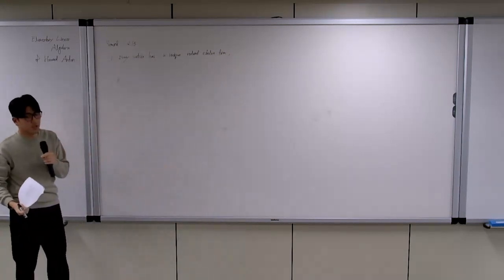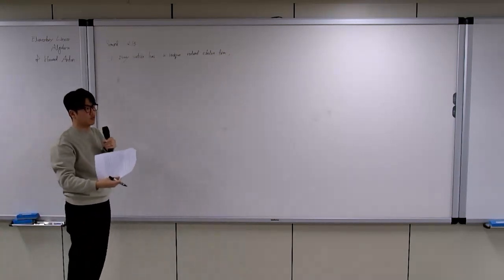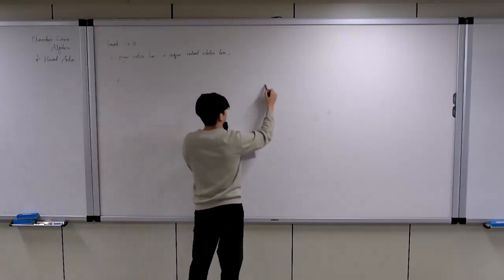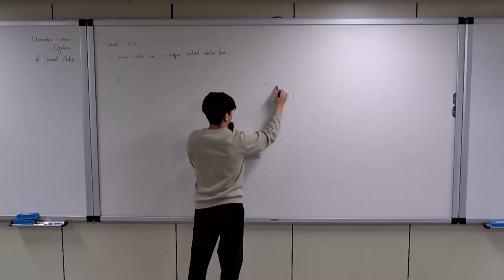Because when we made the reduced echelon form, we made a form like this.